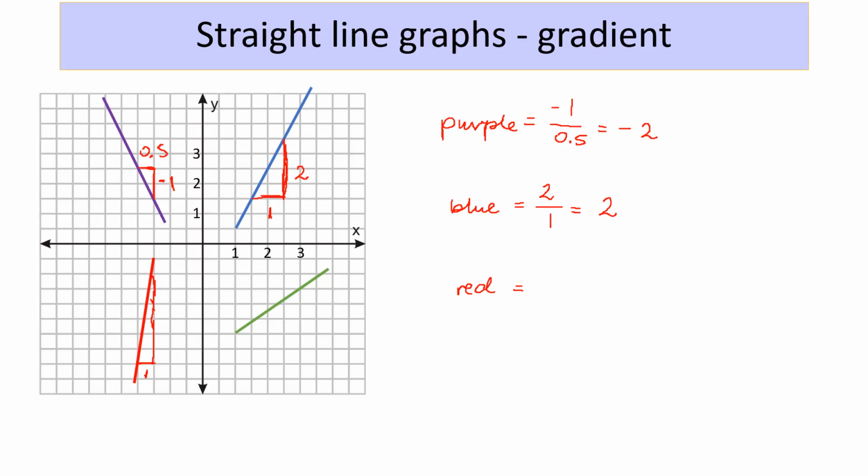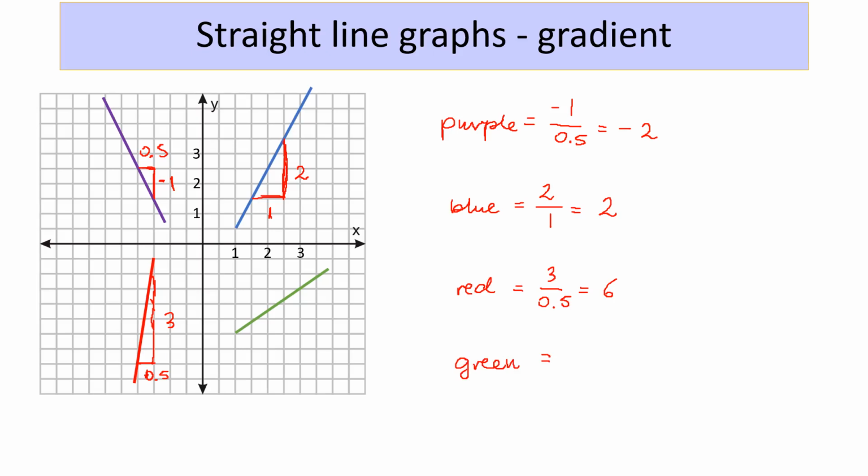So we're talking about squares. Now remember that 1 square is actually 0.5, and then 6 squares is actually 3. So 3 over 0.5 is 6.